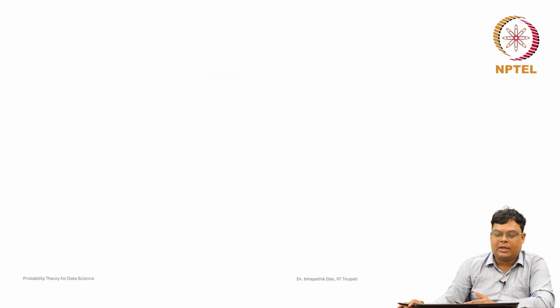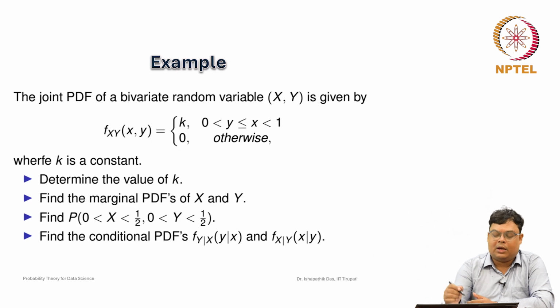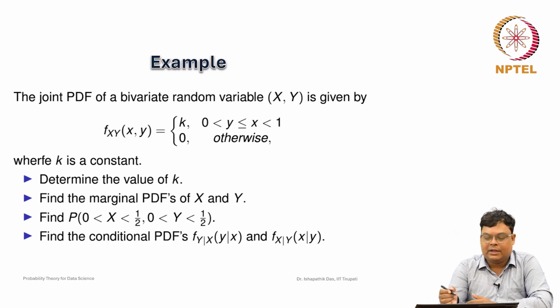Let us do one numerical example using the probability density function for the bivariate continuous random variable.